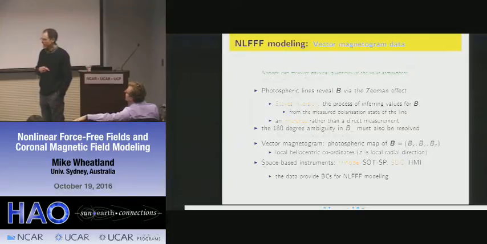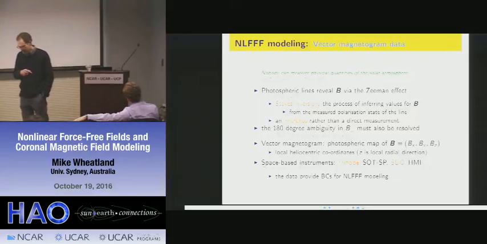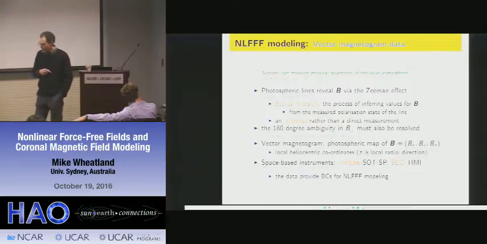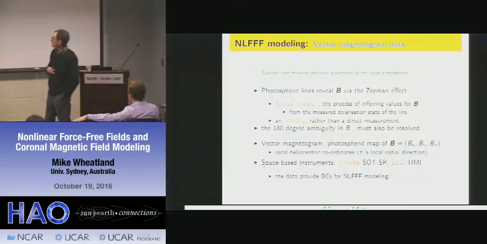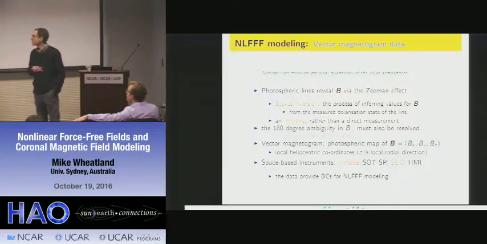Well, the problem at hand, to determine values of the magnetic field, for the data that I'm talking about, the vector magnetogram data, what's actually going on is that you have lines formed in the photosphere, around the photosphere, and the magnetic field imprints itself on those lines via the Zeeman effect.